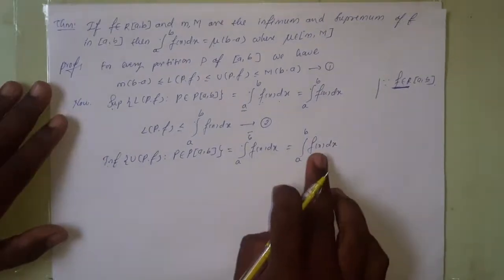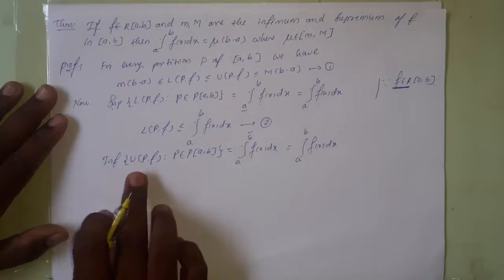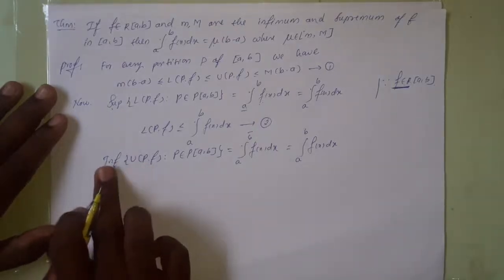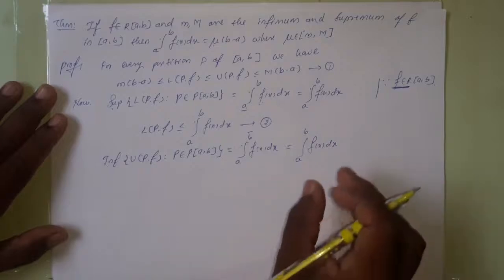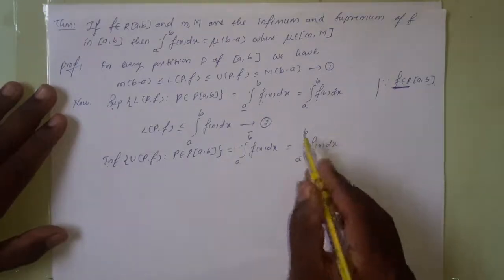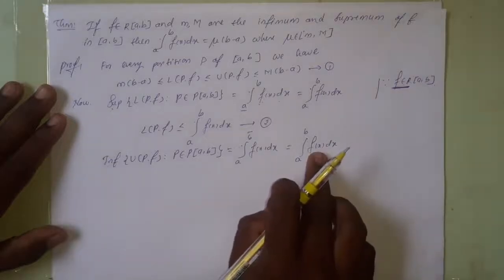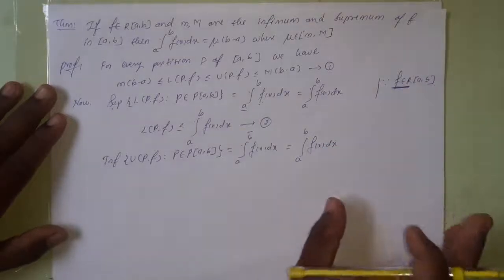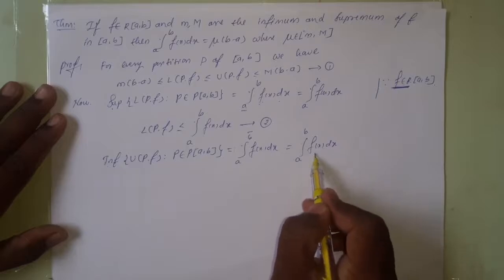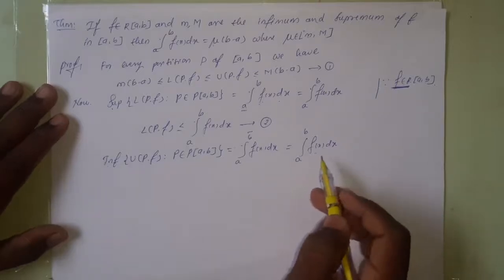Now this is the infimum of all the upper sums. Therefore, infimum means that it is the lower bound. So this becomes the lower bound of all the upper Riemann sums, which means this must be less than or equal to all the upper sums, because this one is the infimum, meaning lower bound.